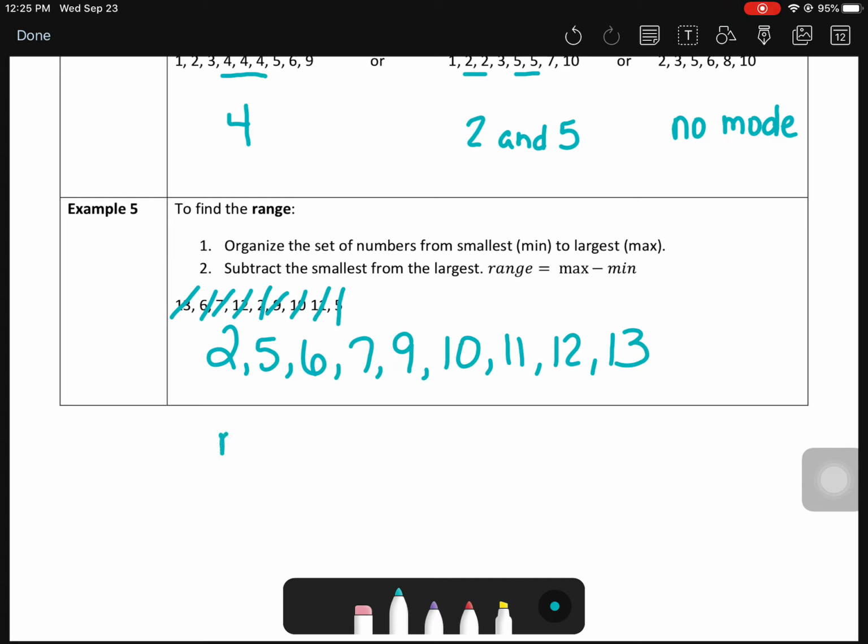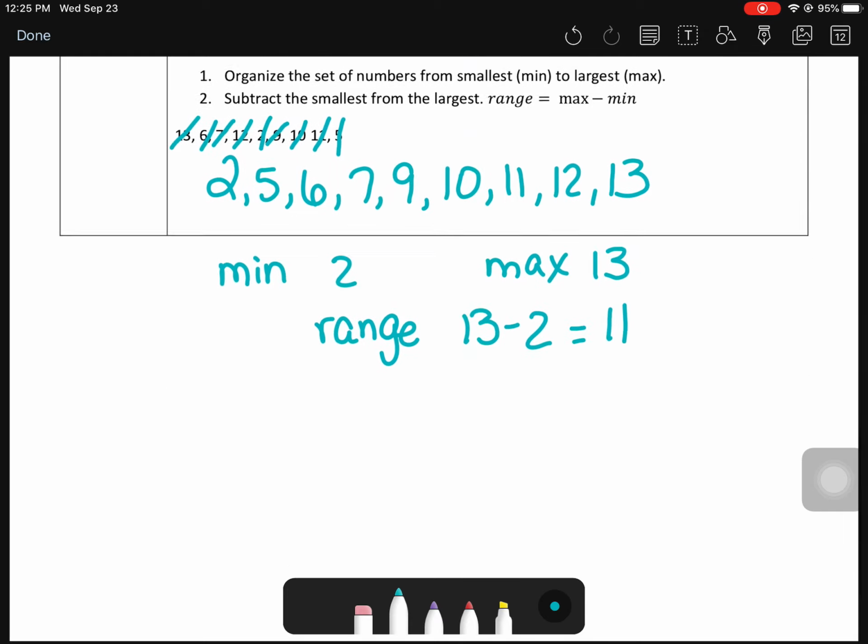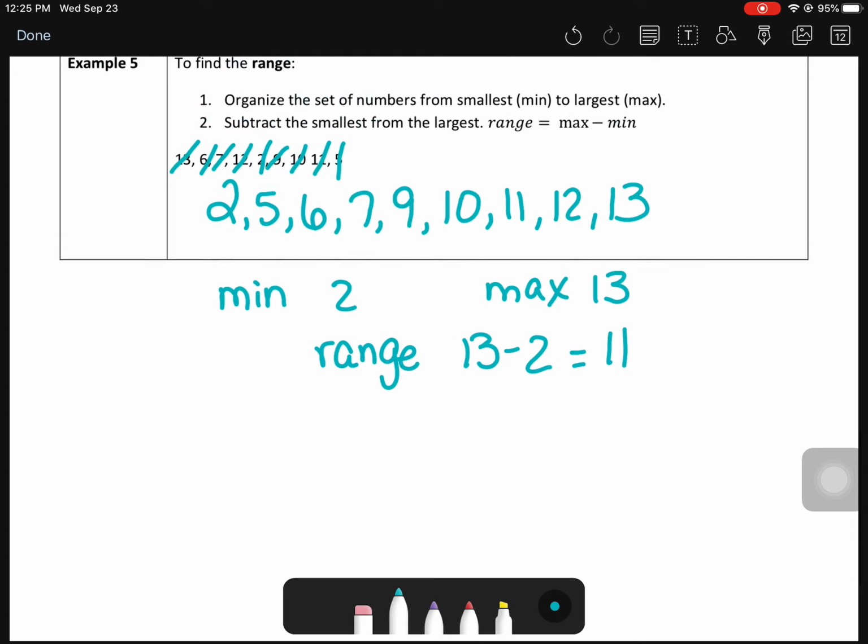The minimum is the 2, the maximum is the 13, and to find the range, we take the largest, the maximum, minus the minimum, and our range would be 11. This is our statistics.